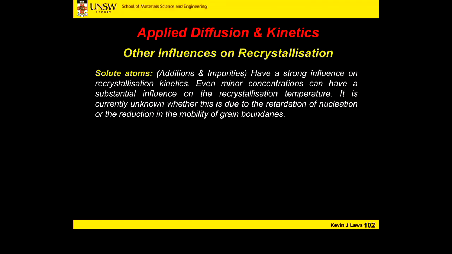We see effects by having other types of materials in our material, so other elements or defects or chemical fluctuations, on recrystallization. Additions or impurities have a strong influence on recrystallization kinetics. Even minor concentrations can have a substantial influence on recrystallization temperature. It's currently unknown whether this is due to the retardation of nucleation or the reduction in the mobility of grain boundaries. Could be both.